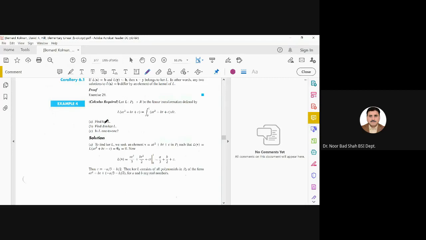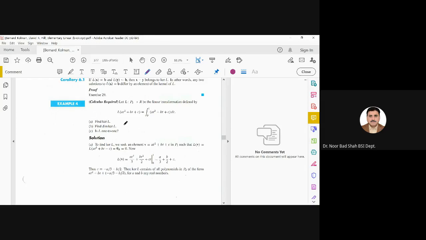Now we need to check what the kernel is, what the dimension of the kernel is, and then whether L is 1-1. Keeping in mind, if the kernel of L does not contain only the identity element, that is, its dimension is greater than 0, then we say it is not 1-1.